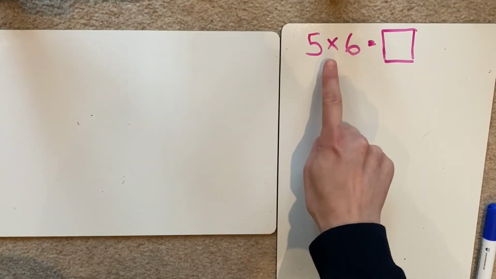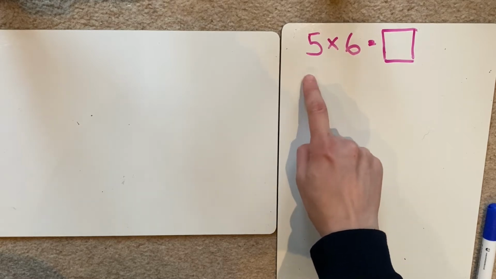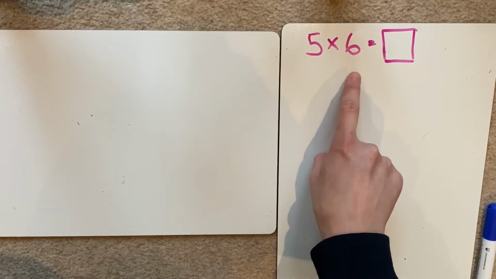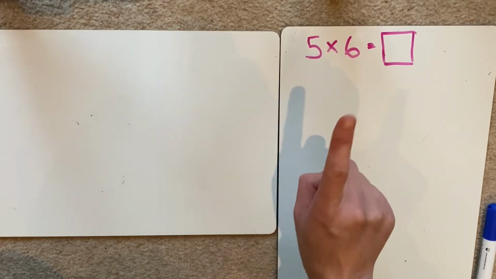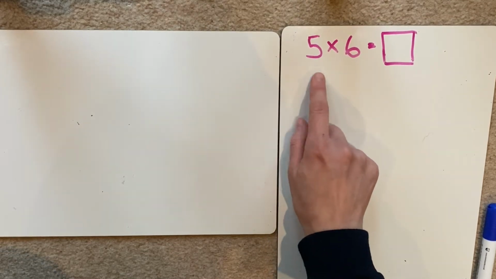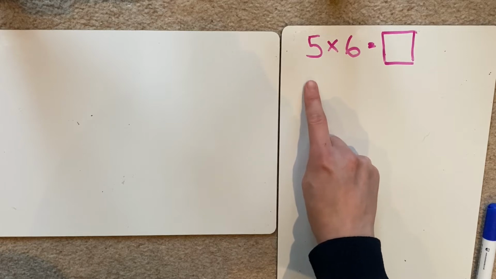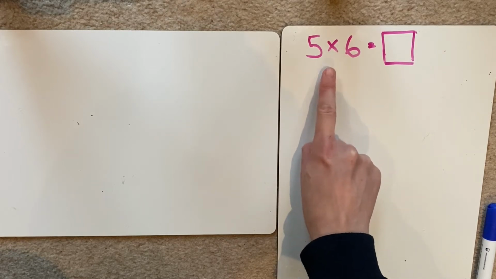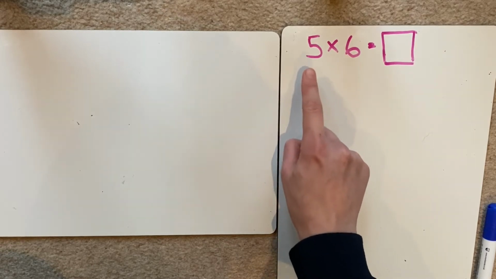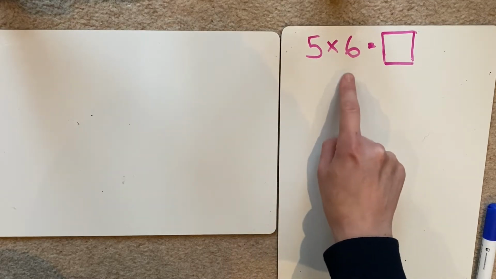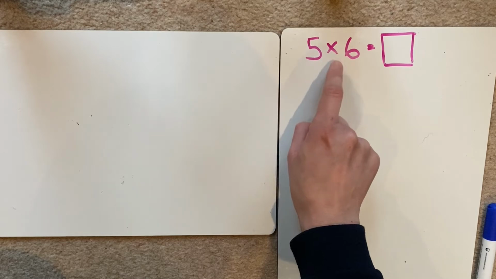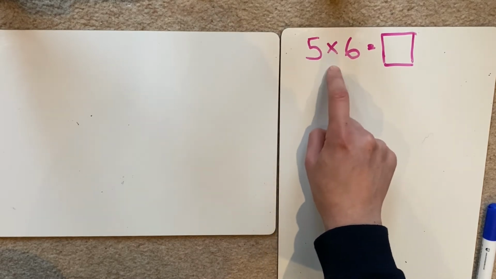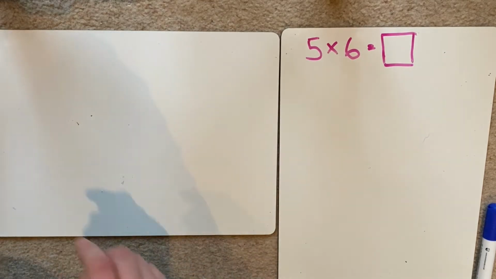Five groups of 6. 5 times 6. Now, we haven't learned how to count in 6s yet, but we do know how to count in 5s, so we can use that information to help us figure out this question. So let's set out this number sentence as an array. So 5 groups of 6, 5 rows of 6.